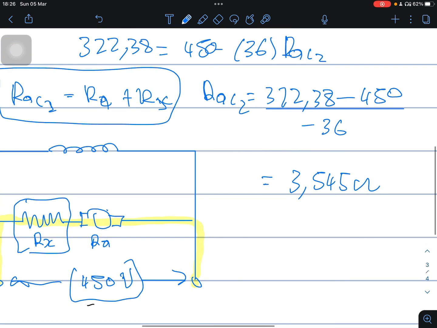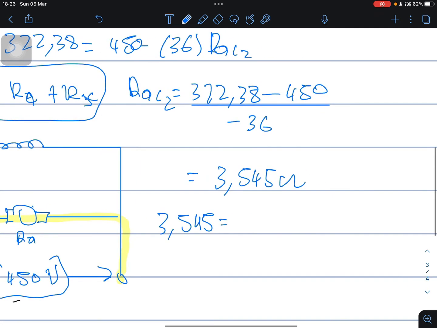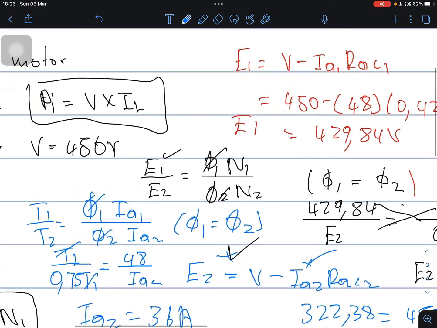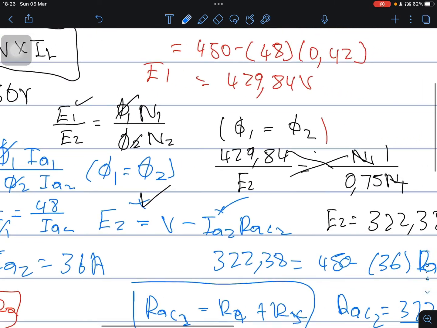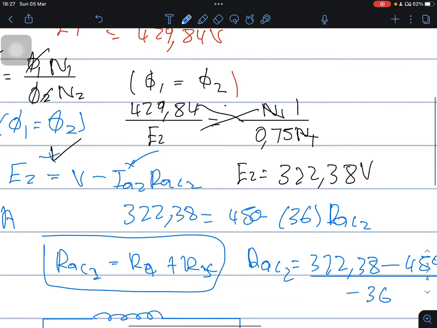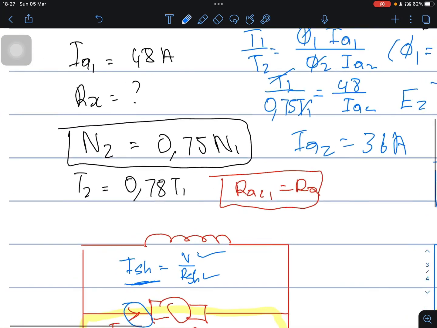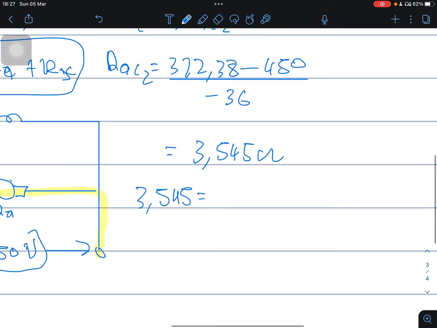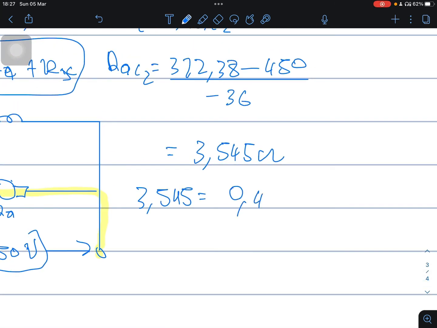Now we can calculate Rx using this formula. I'm just substituting RAC2, which is 3.545, equals to RA, which is 0.42, plus Rx.